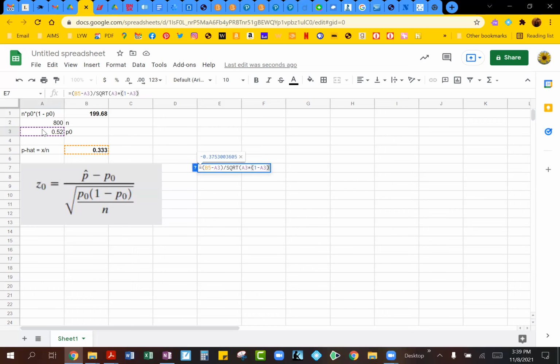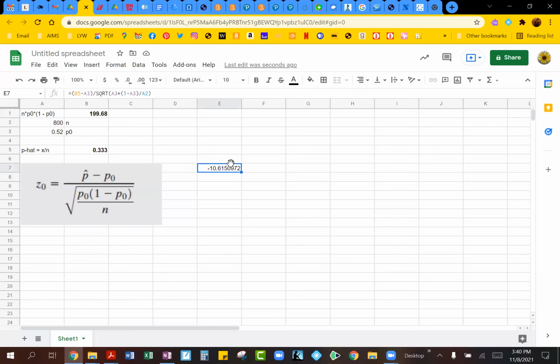The p times 1 minus p on the top. And then you're dividing that by the n value, which is 800. And closing this parenthesis closes the parenthesis for the square root. I'm just typing this all into one cell, but if you wanted to, you can obviously break it down into steps.